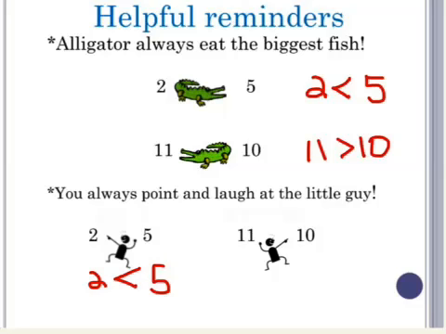So 2 is less than 5. Here we're going to point at the 10. We're going to draw an arrow toward the 10 because it's so small and silly. Two silly ways, goofy ways to remember which way to point the alligator symbol, called an inequality symbol.